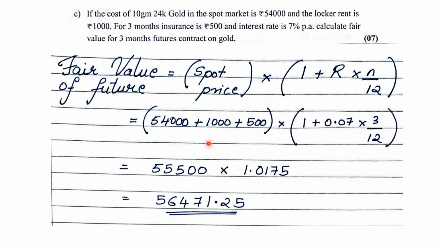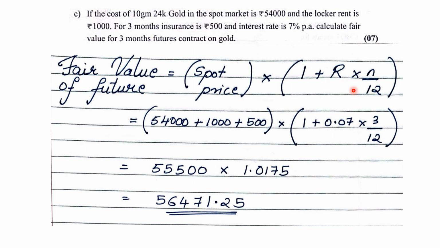When you add up, we get 55,500 into, now remember, you first divide 3 by 12, into 0.07, plus 1. So we get 1.0175. Lastly, we multiply 55,500 into 1.0175. We get the answer as 56,471.25. This is the fair value of the future contract on gold.